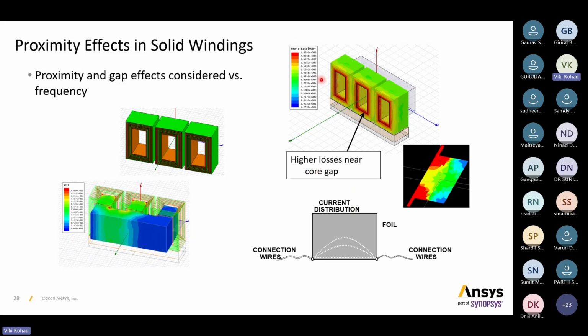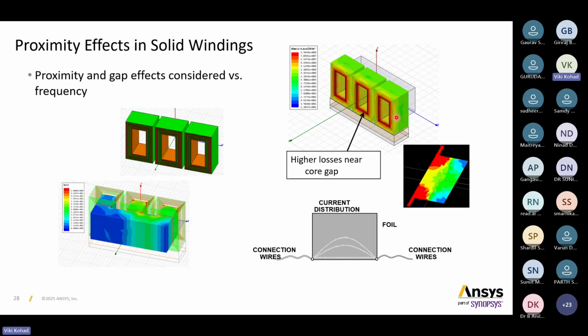Then these are the ohmic losses plots. You can see the higher losses near the core gap regions, and at this part particularly the medium losses. You can see how the current distribution is and how the flux distribution is.